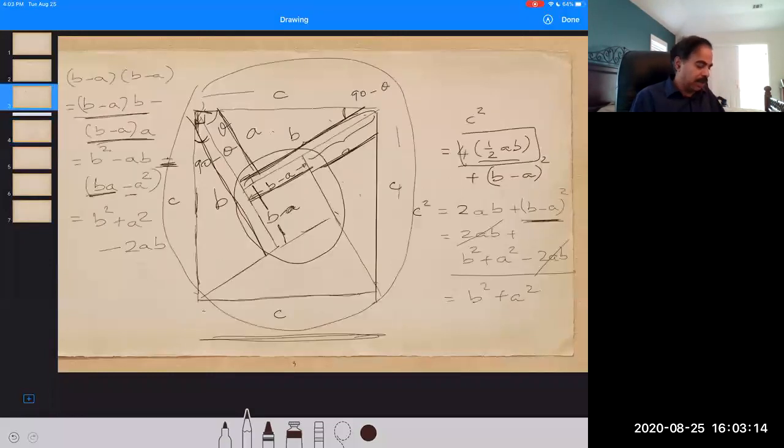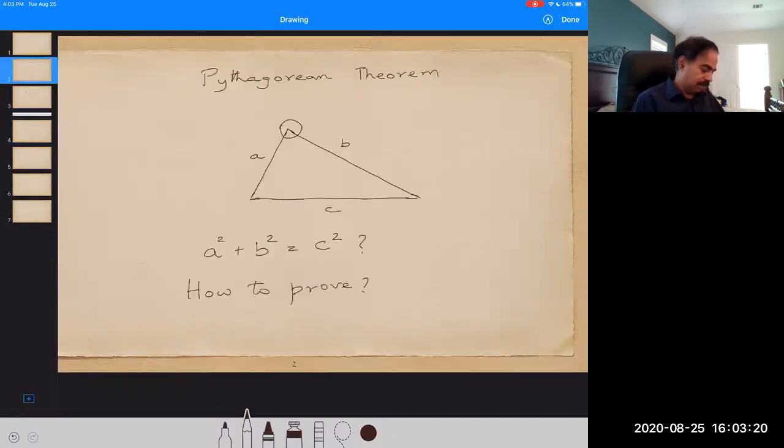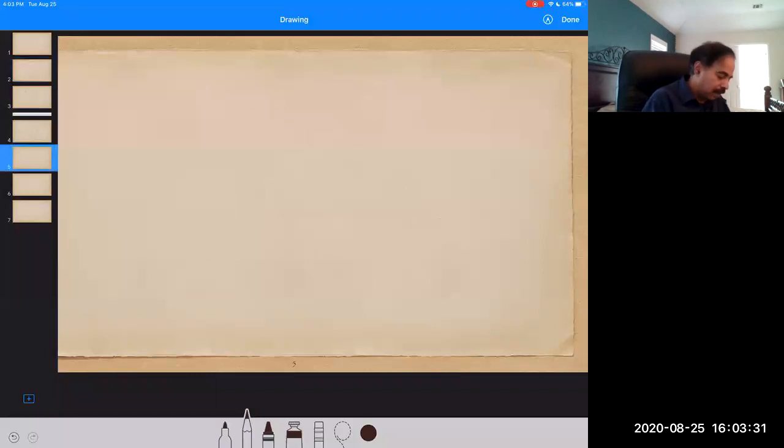So again, what we are going to do is take two of these triangles. You have the A, B, C triangle, two of these, and arrange them into a rectangle. So let's do that.